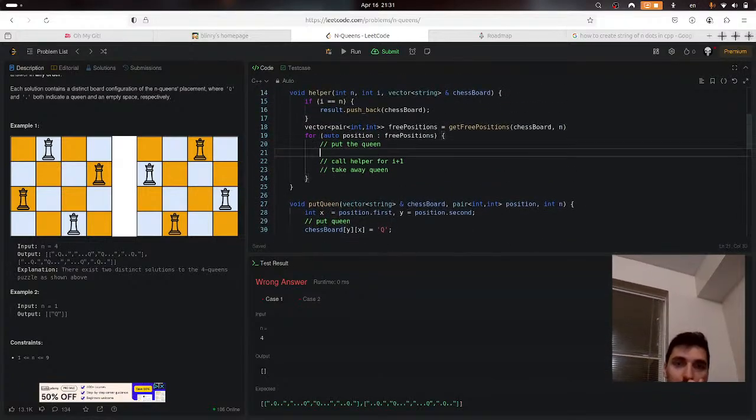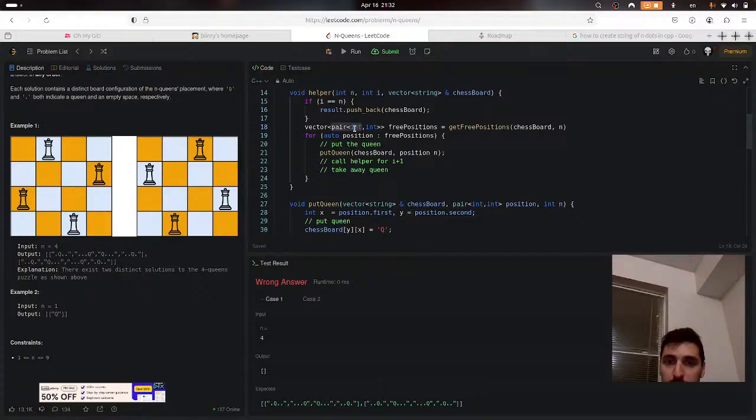All right, we need to put the queen. Put queen on a given chessboard with size n with a given position, and this is going to be a pair of integers.